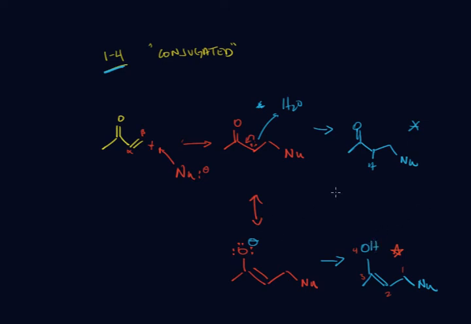But this one up top is the more stable one. So I think that's the reason why they call it a conjugated addition, because it's not technically 1,4, but it is different than the 1,2 addition. This is what's known as the 1,4 addition.